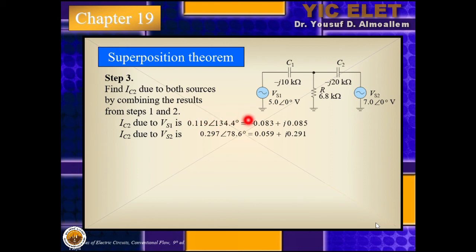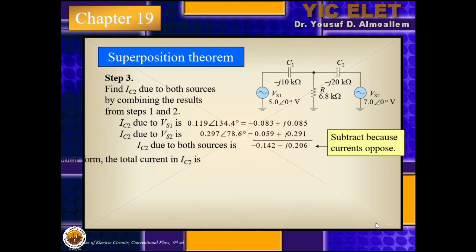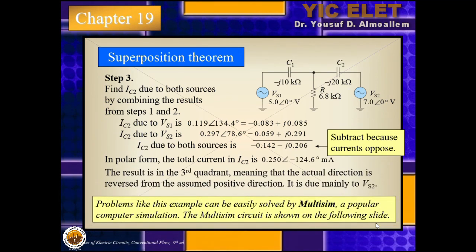I have put it back into rectangular because I'm doing addition. Then this is another polar representation from the second part. I just change it to this rectangular form. Then I will do a normal summation of both of them, and this will be the result. And if I want, I can change from rectangular form back to polar form for the total, and that will be our final result.